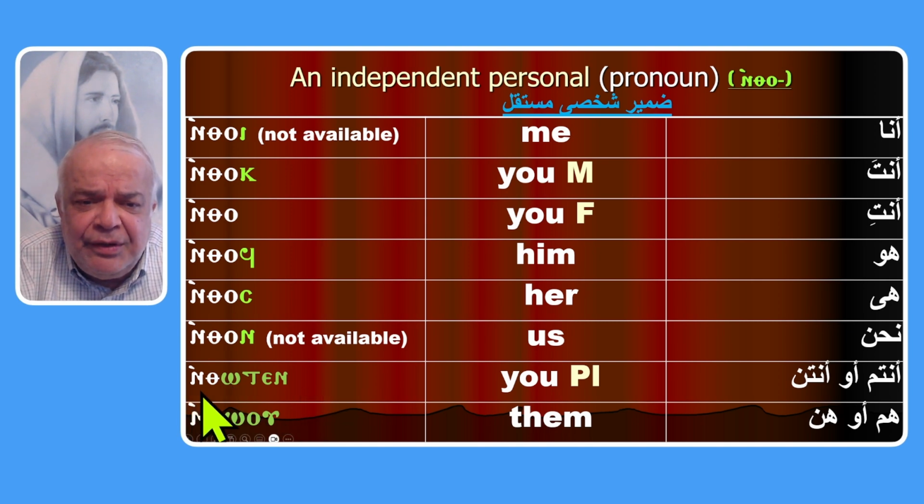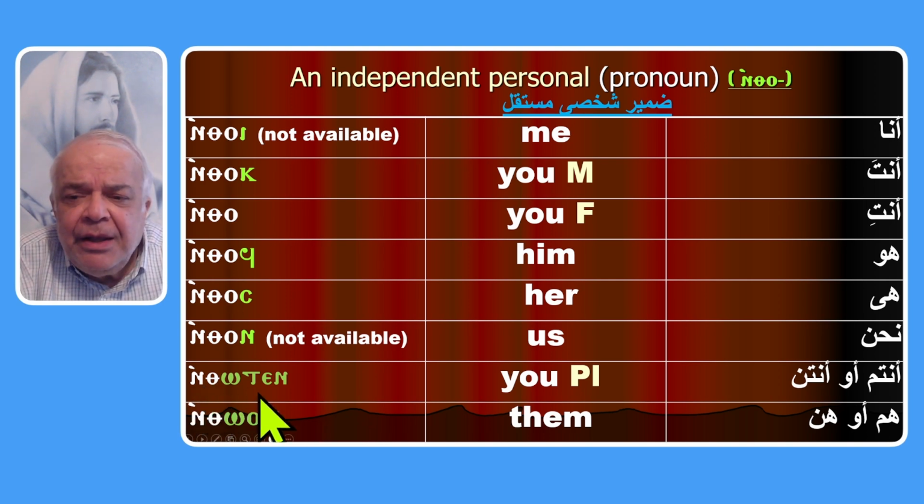When we connect entho to the second plural group, whether males or females, or the third plural group, males or females. So when we say you as a group of males or females, we say enthutain, and them as males and females we say enthou.